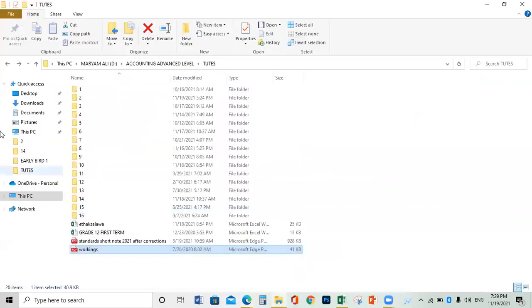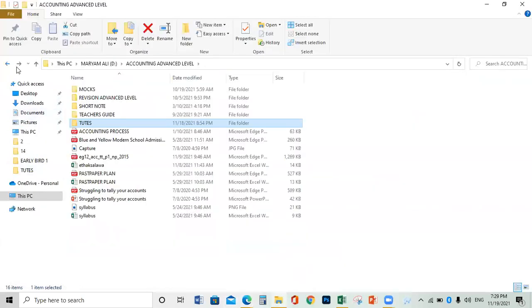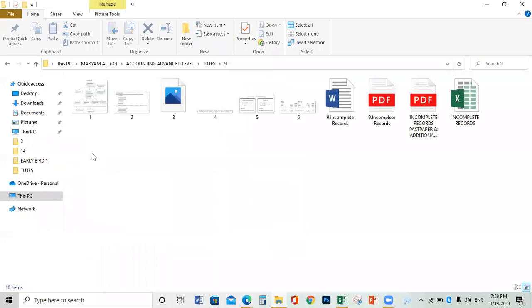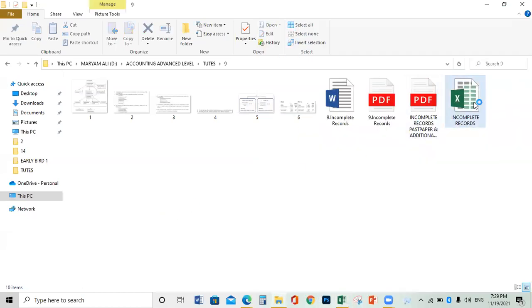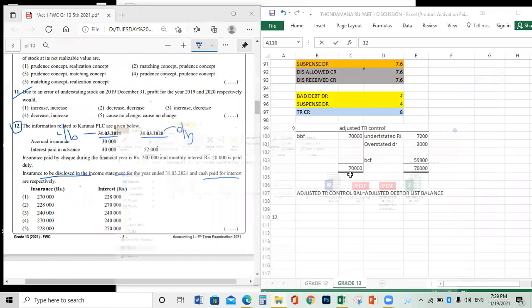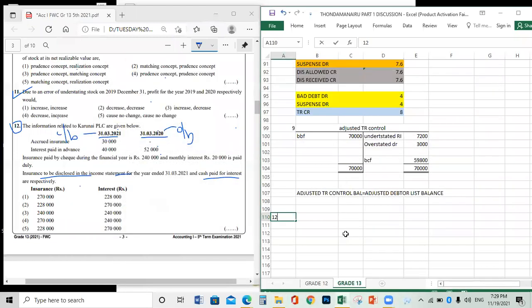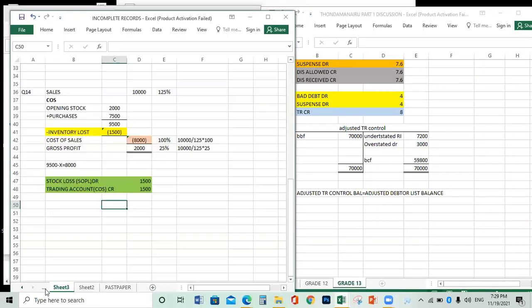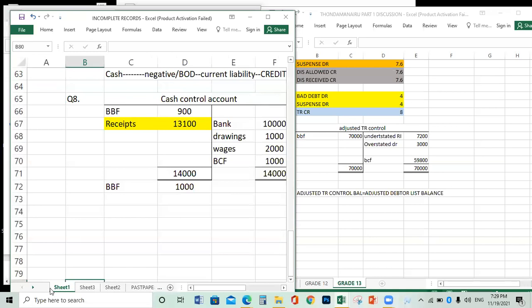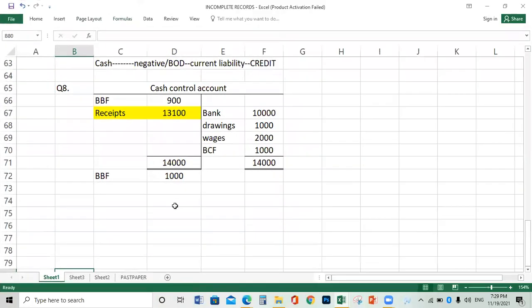This is taught in incomplete records, which you will study in chapter 9. There you put all the accruals, prepayments, everything in one single ledger and try to find the missing figure.